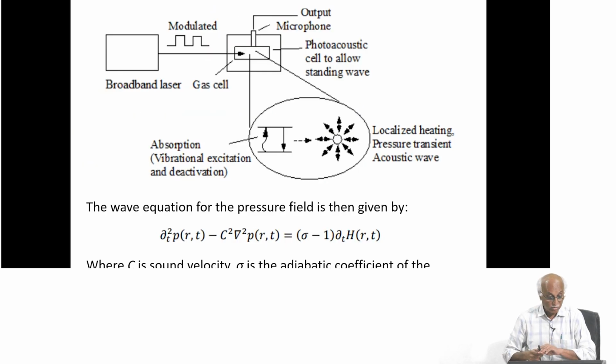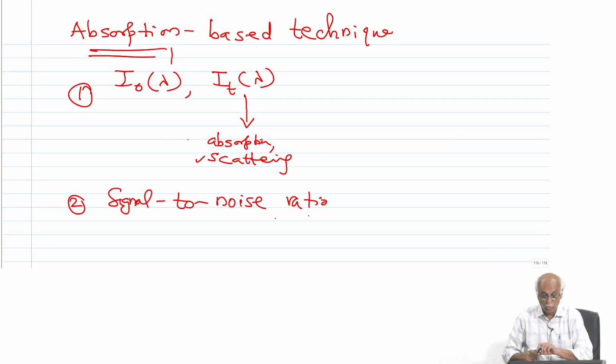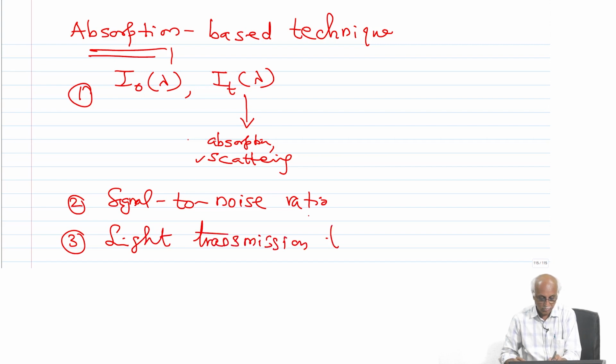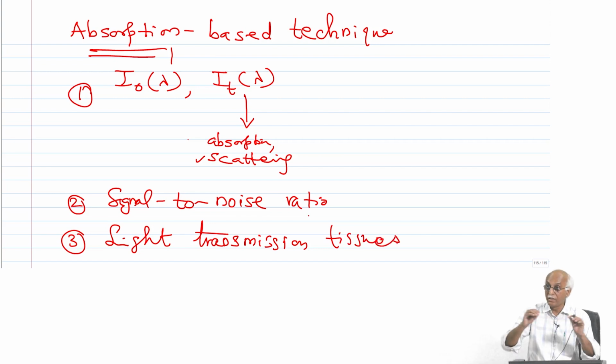Another related aspect is that if light has to transmit through various tissues, due to scattering the light which is coming back becomes very small.